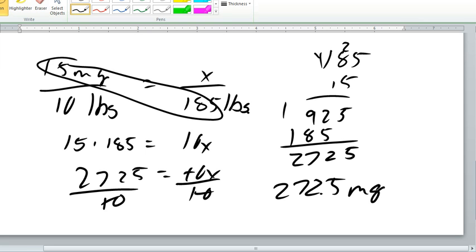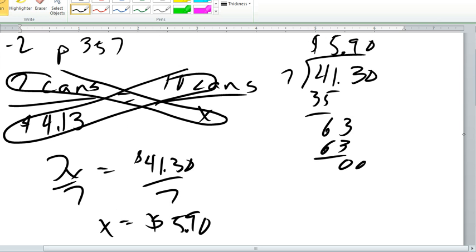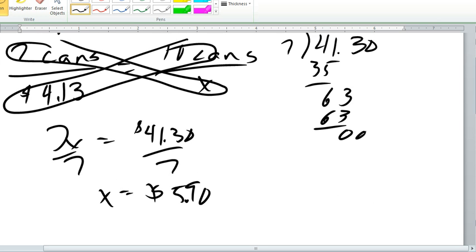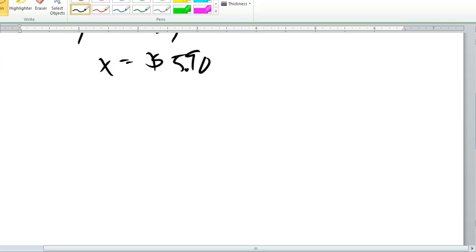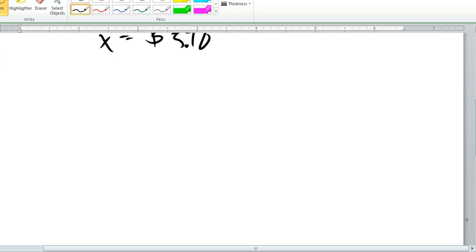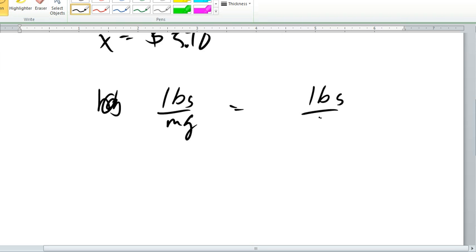The one thing to keep in mind when you're working with a direct proportion, and really proportions in general, is that you've got to have consistency with where your labels are. I think that will help you as you go along. I'm going to write in the middle of the page here. I like to have it so, like in that last one, we had pounds over milligrams, and then my labels on the other side would be pounds over milligrams.